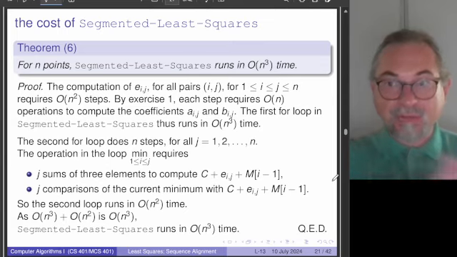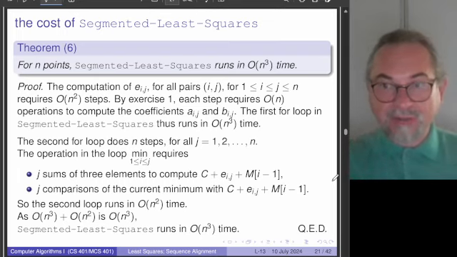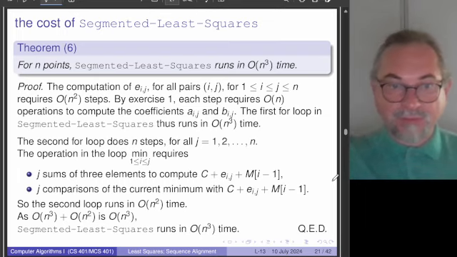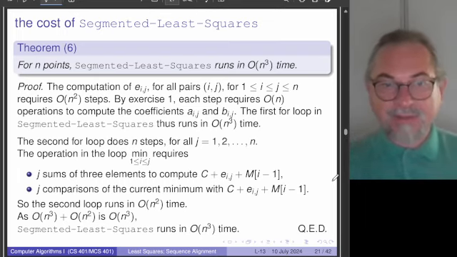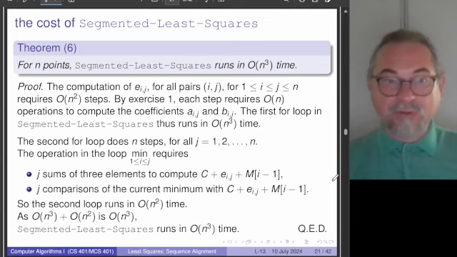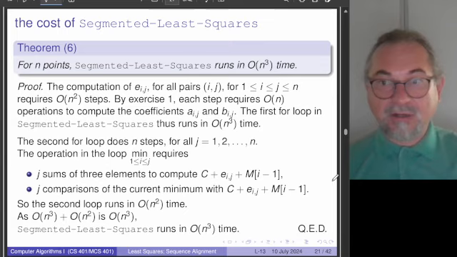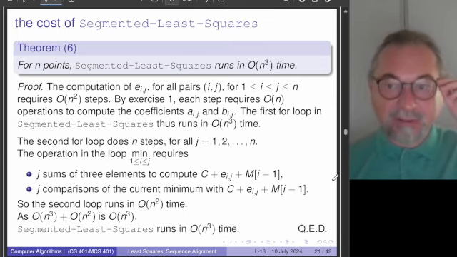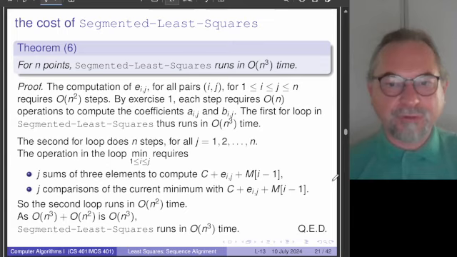So we have the sum of all the consecutive values, all the natural numbers from 1 to n minus 1, and that is quadratic. Now the initialization cost dominates, or you could also say that the loop that we run in this algorithm, the second loop, is dominated by the initialization loop, the first loop.